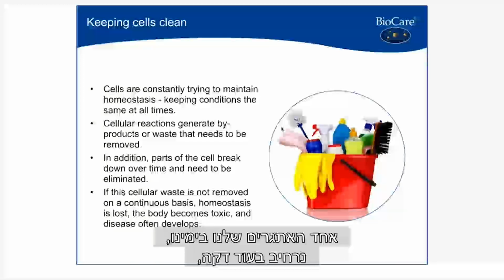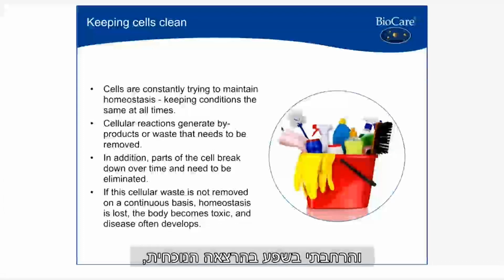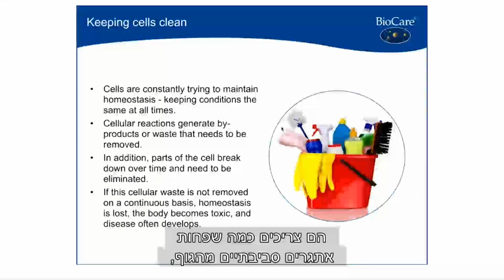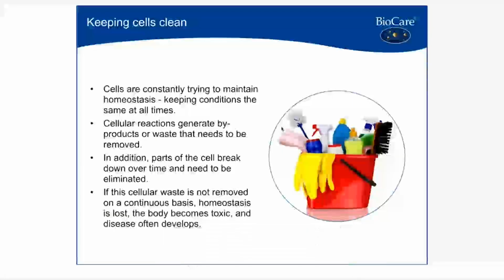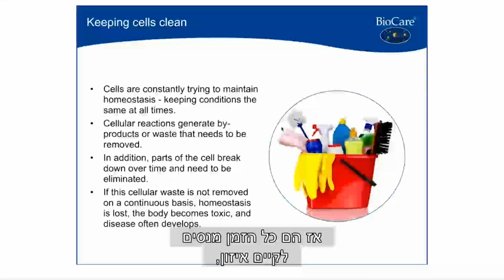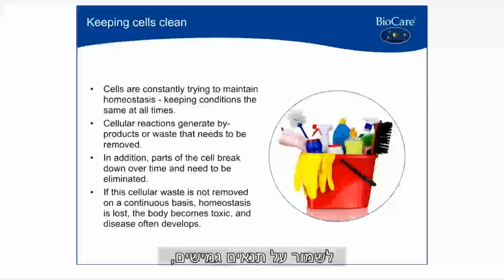One of the challenges that we have nowadays, which we'll expand on in a minute, is that our cells, in order to function well, need to have the least amount of environmental challenges from the environment. They're constantly trying to maintain balance and keeping conditions adaptable.